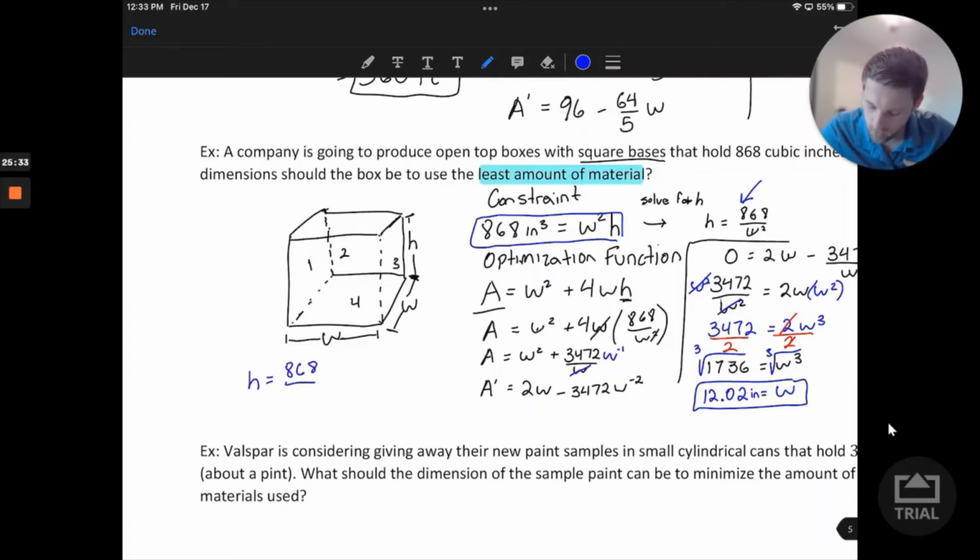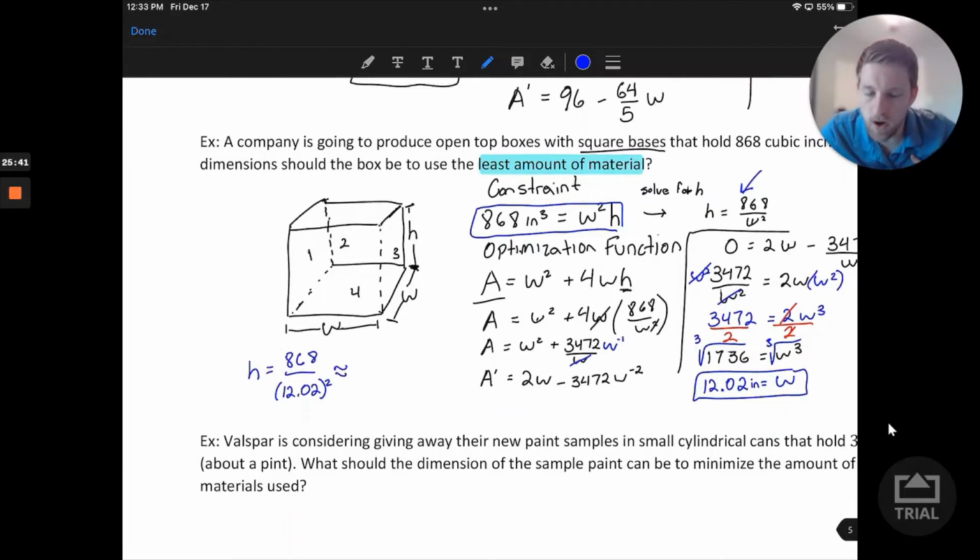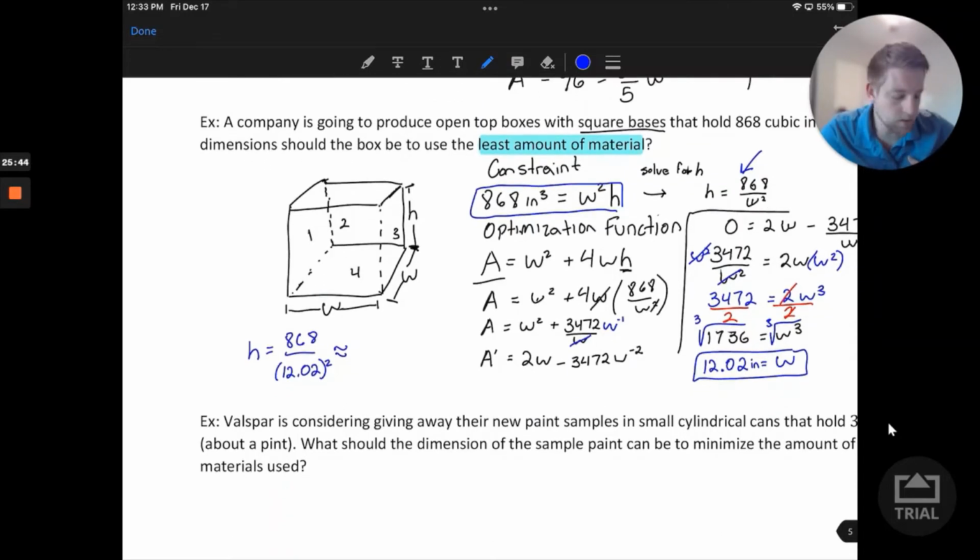So w squared in this case would be approximately 12.02 quantity squared. This will be an approximate for the height, and that will come out to about 6.01, and that's again in inches.